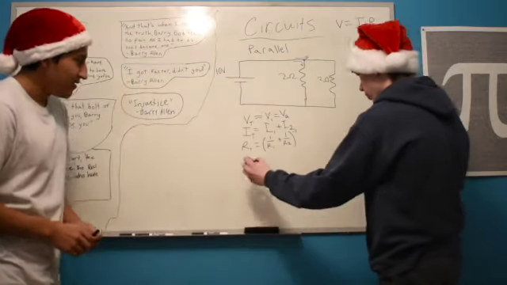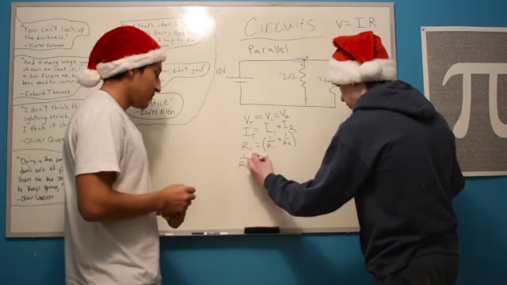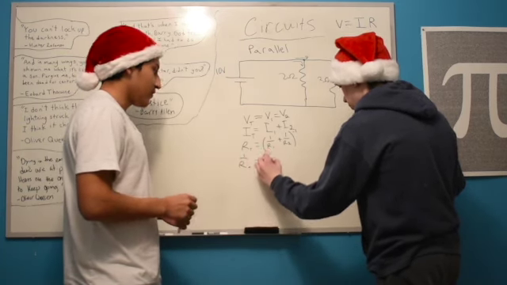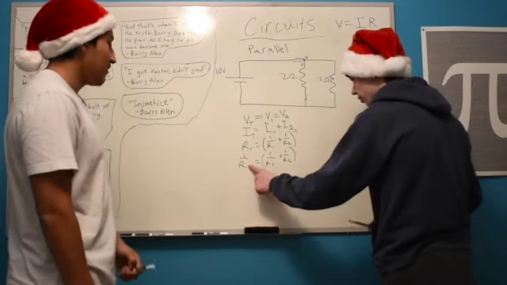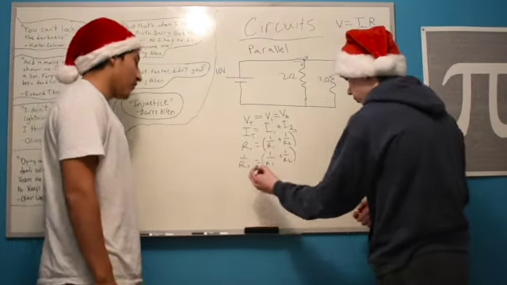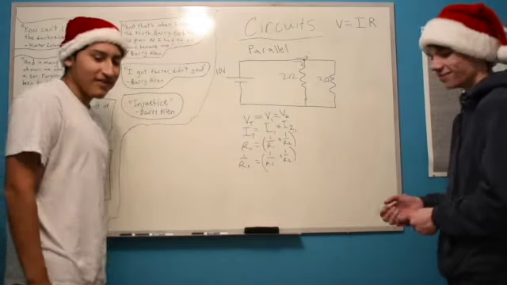Or I guess just 1 over the total resistance is equal to 1 over R1 plus 1 over R2. We would suggest just doing it this way because it's easier. You won't forget to inverse it, and it makes the algebra a lot easier than trying to solve for R from 1 over R total. Just use this equation.